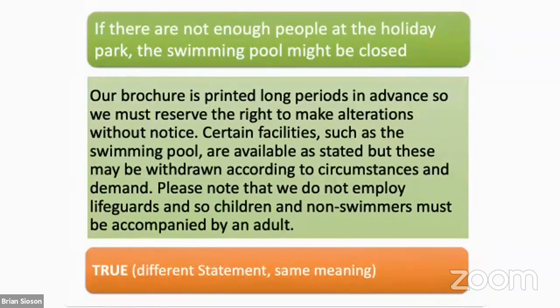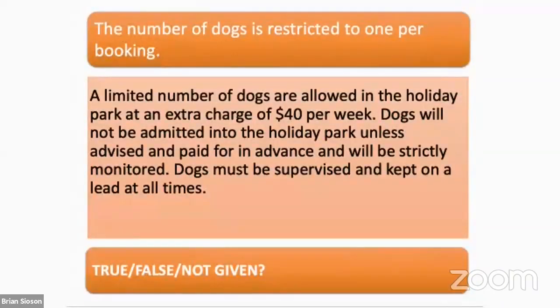All right, we're going to talk about dogs. Do you have dogs? Maybe some of you have dogs, right? So we have here a passage about the holiday park once again. The number of dogs is restricted to one per booking. Okay, so can we bring dogs with us? That's right, we can take our dogs with us.